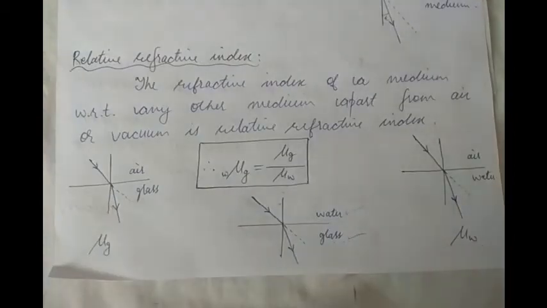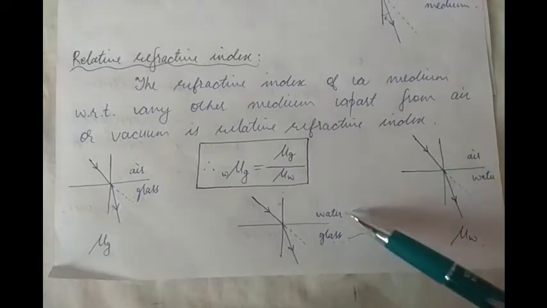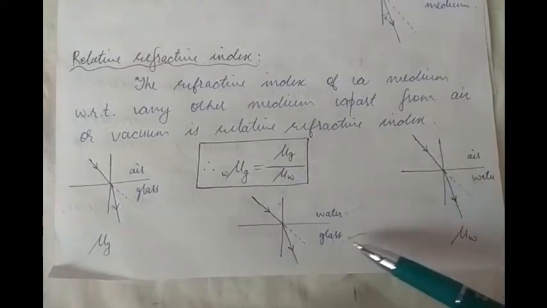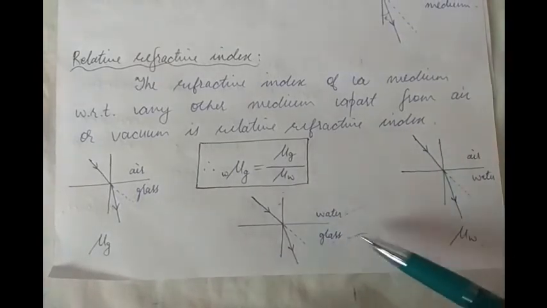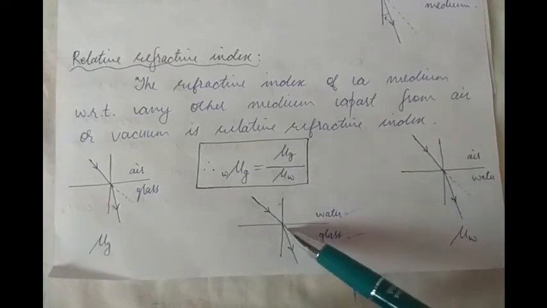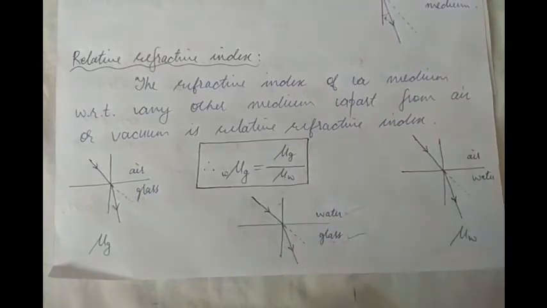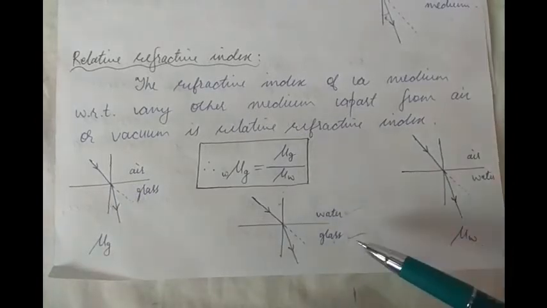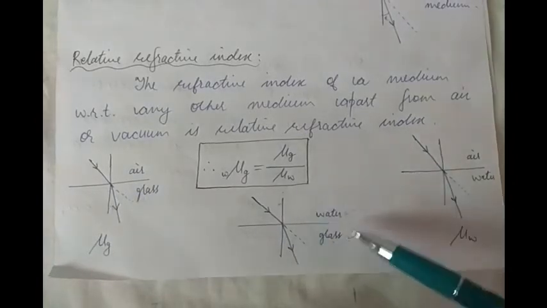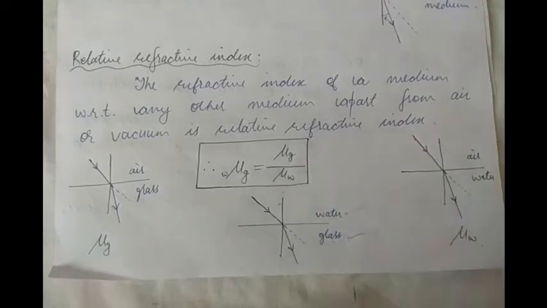Now what if the first medium is not air? What if the first medium is something different? Like in this case, the first medium is water and the second medium is glass. Of course, glass being denser than water, this refracted ray is bending towards the normal. So in this kind of scenario, what would be the refractive index of glass with respect to water?